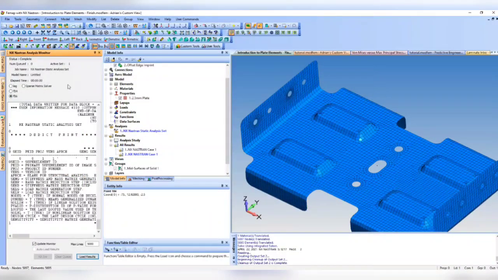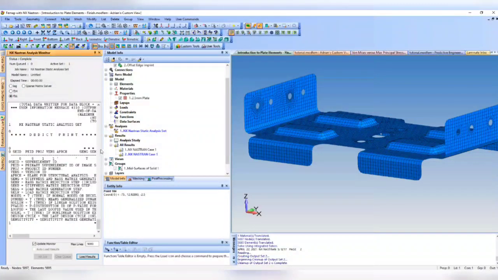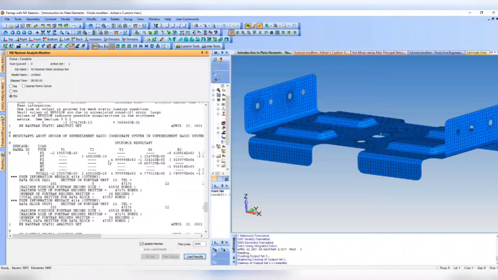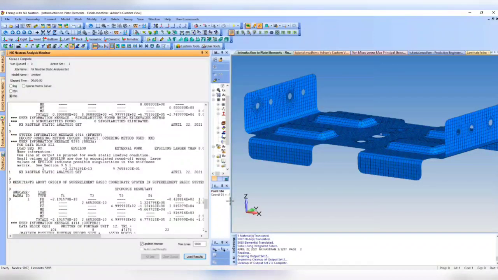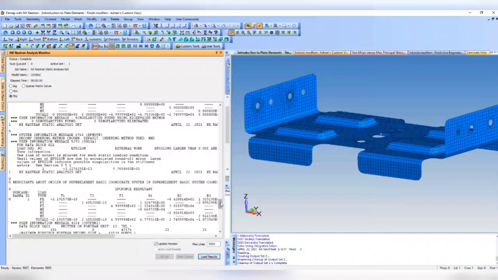I hope it runs. It's saying that it's not for some reason. Maybe it did run. Let's see. This is your F06 file. Okay, so yeah, it did run. So this is what you get in your F06 file.